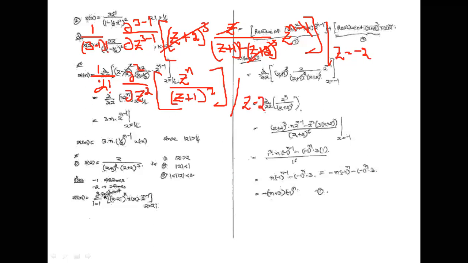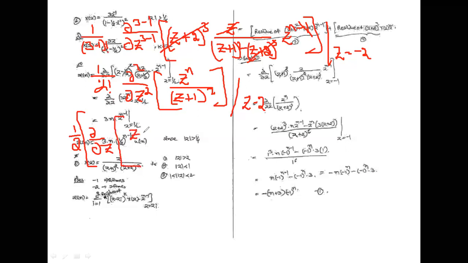Now you can apply this as 2 times partial differentiation. 1 by 2 factorial is nothing but 1 by 2. I'm taking here the u by v rule, dou by dou z of dou by dou z again.